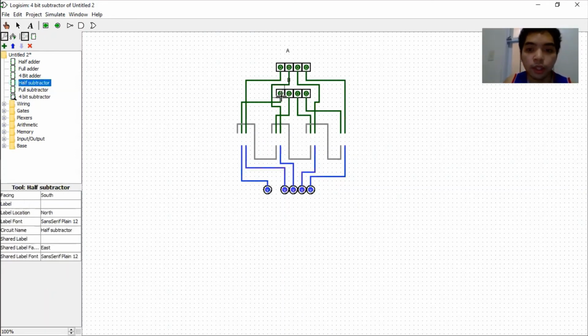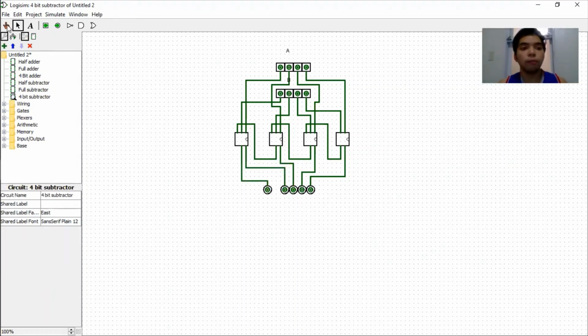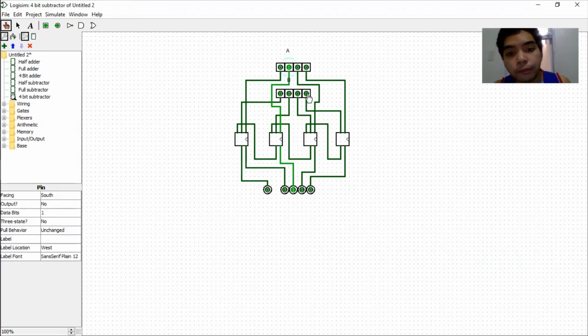The first bit only needs the half subtractor, and then full subtractors for the rest. So by testing it, let's say we need to subtract 4 minus 1. We have the answer of 3. Also 1 plus 2 is equal to 3. So let's say we have 9 minus 1. We have 8, right?